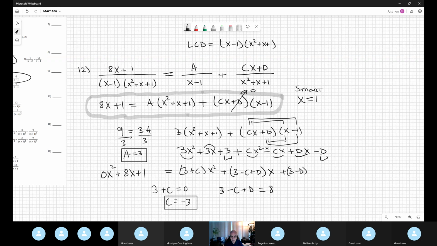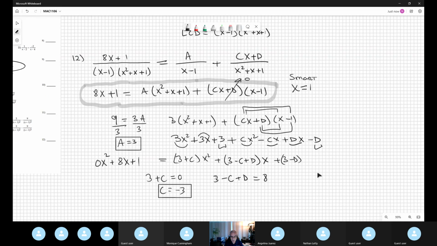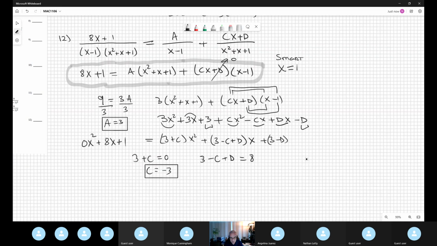Now we have one equation, but we have two unknowns. So D minus C is equal to 5. We move 3 to the other side, 8 minus 3 is 5. We need another equation, but it's easy because 3 minus D is 1. Therefore, 3 minus 1 is equal to D. D is 2.